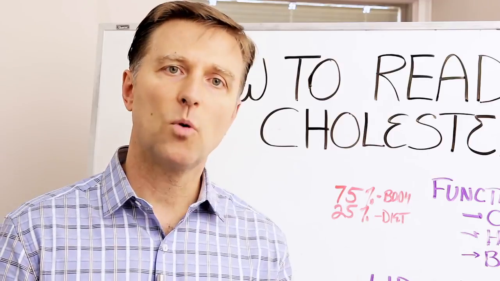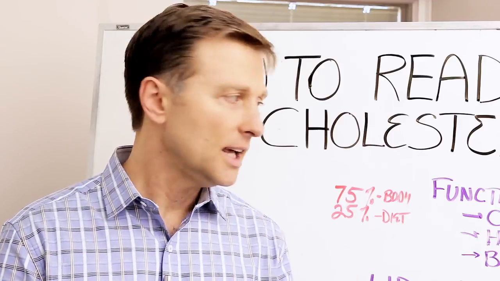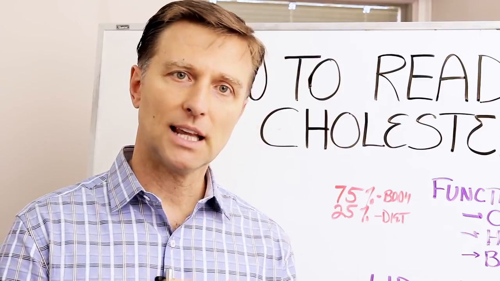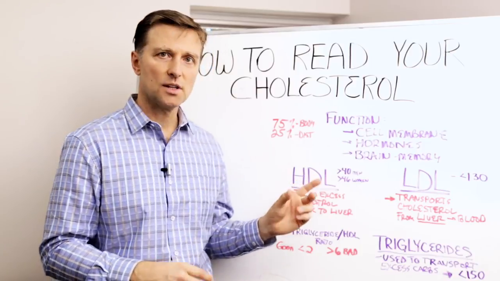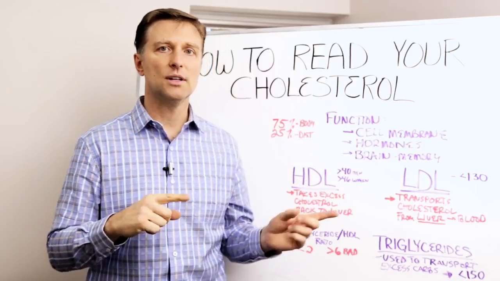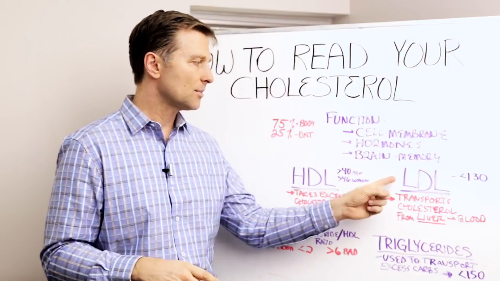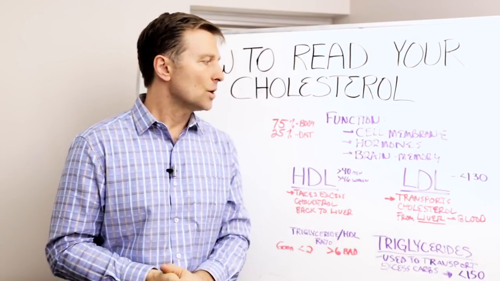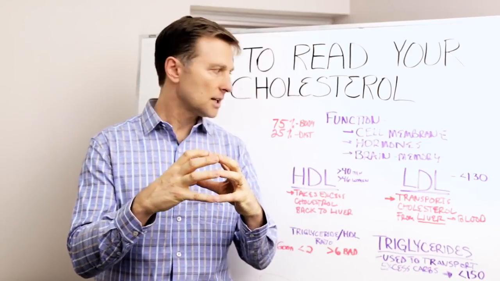In order to transport cholesterol, which doesn't mix well with water or blood, you have to put it in a protein capsule. And that's what these are. These are little tiny shuttles that deliver cholesterol in certain directions in the body. So let's talk about the LDL first. So we have this outer covering of protein that surrounds the cholesterol.